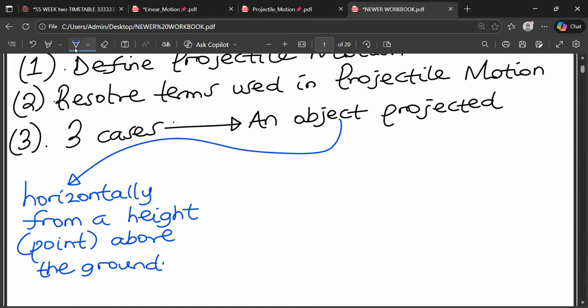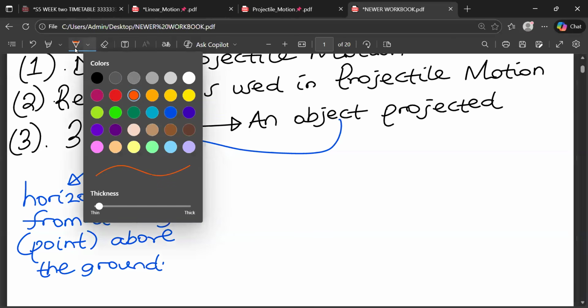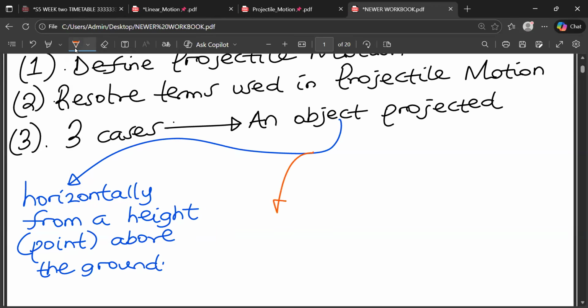Then there is also a case where we can have the body being projected from the ground, but of course it's going up at an angle. So we have an object projected upwards from the ground, at an angle.